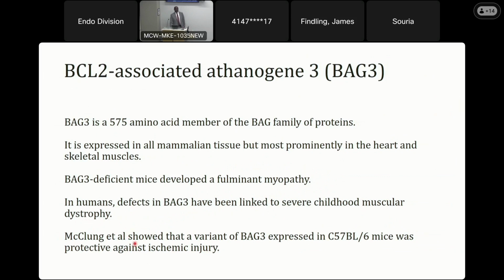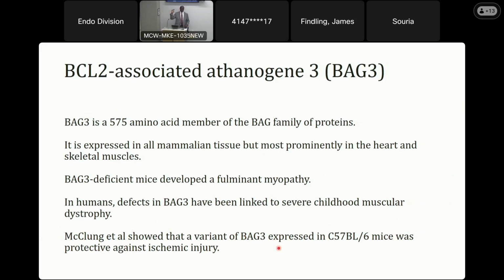And one of our collaborators, Joe McClung, actually showed that a variant of BAG3 is expressed in the BALB-C mouse. The point he tried to make in this study was that, if you remember, in the beginning I showed you two strains: one that responds well, which was the Black 6, and one that doesn't respond very well and has a tendency to lose its limb.